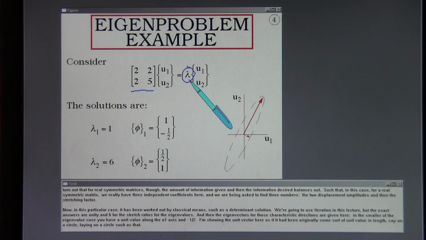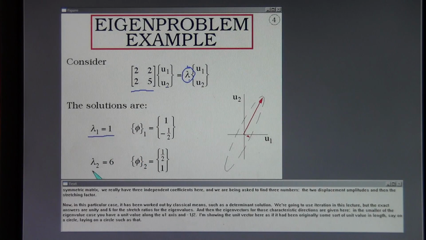Now in this particular case, it has been worked out by classical means such as a determinant solution. We're going to use iteration in this lecture, but the exact answers are unity and 6 for the stretch ratios or the eigenvalues. And then the eigenvectors, or those characteristic directions, are given here.